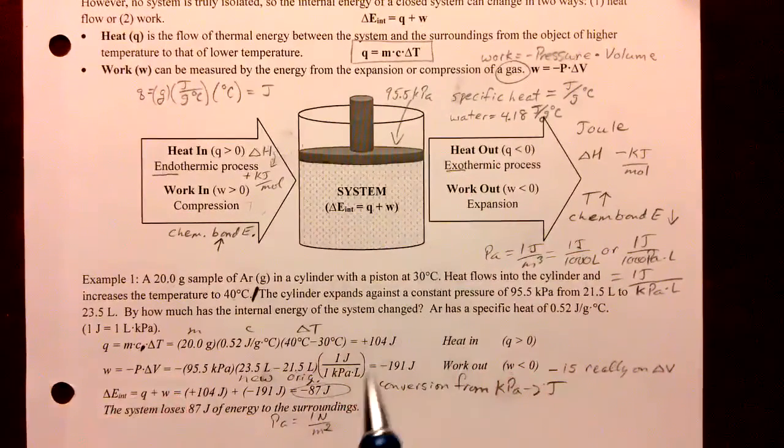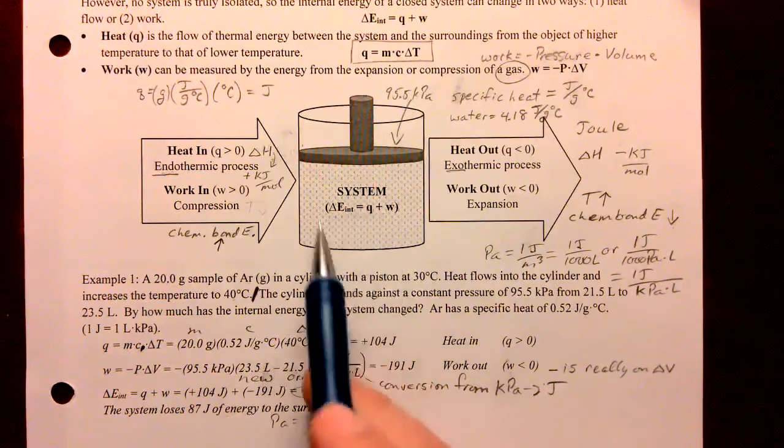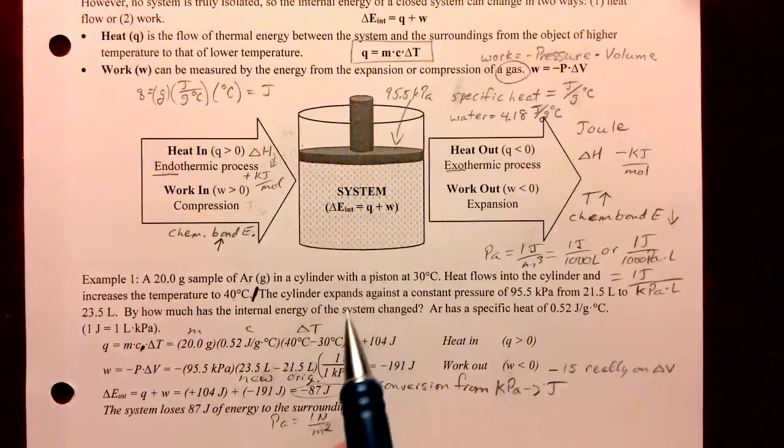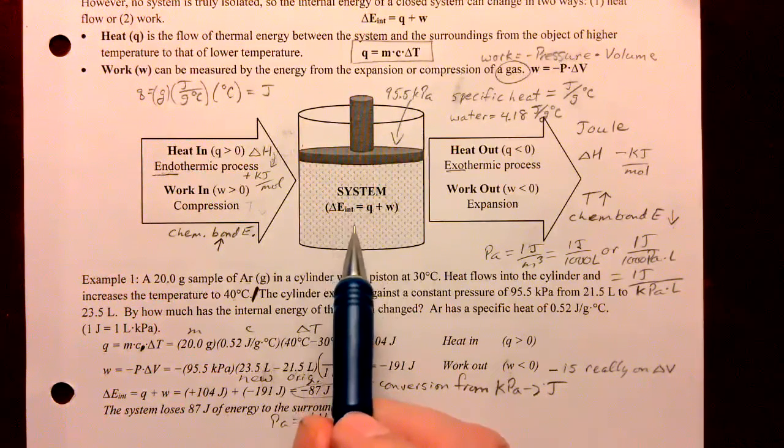So it says it was heated, and it went from 30 degrees to 40 degrees Celsius. Now, the question comes up, which way do we subtract it? Well, if it's got heat increasing, then the energy went into the system. If we're heating the gas, then heat went into it, and the change needs to be a positive value because the change has increased, the heat has increased in the system.